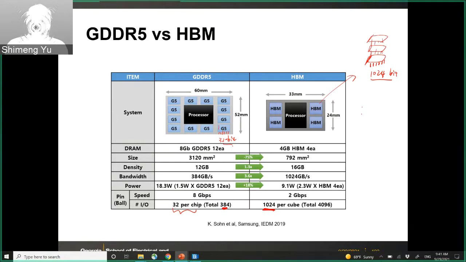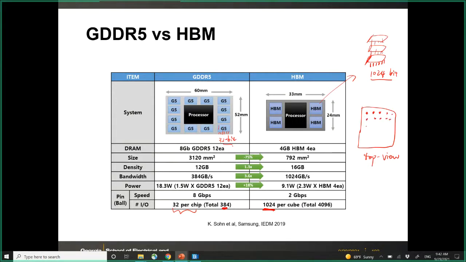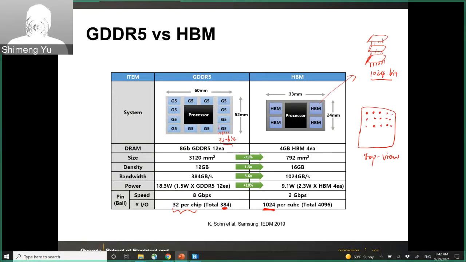The pins are distributed; if you look at the top view, because you have the TSV, which goes through the silicon substrate, you can have those pins distributed across the whole chip. Therefore, you can have many connections.